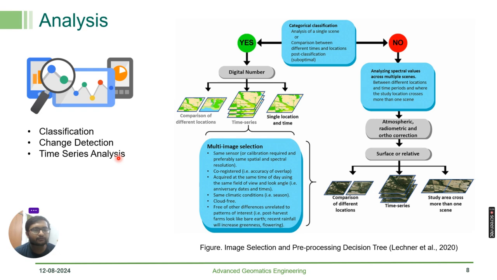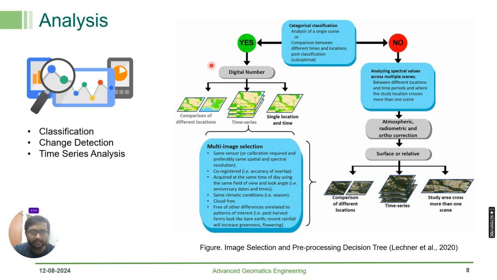Similarly, if we have a forest area, we can see how the forests are becoming dry, which parts or pockets are sensitive to the change in rainfall, and where we have to focus more. Those kinds of things you can analyze once you have all this time series data: one image each of January, February, March.